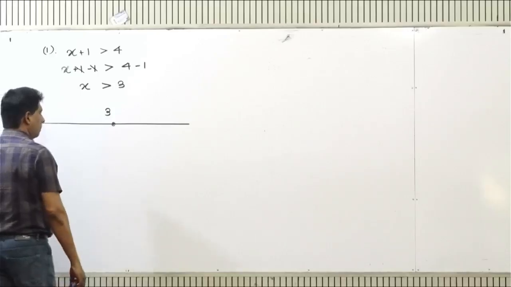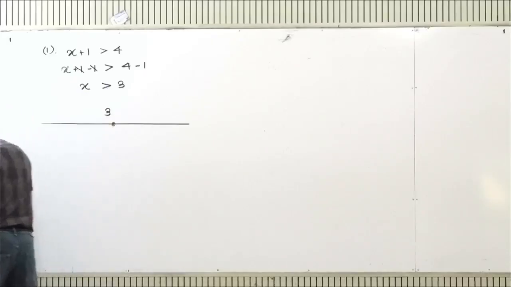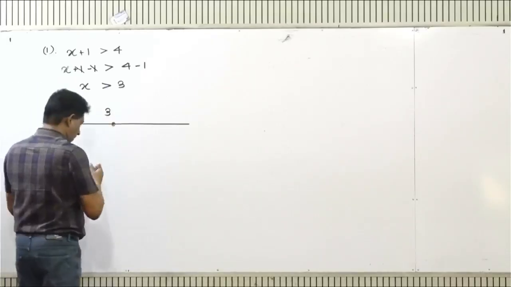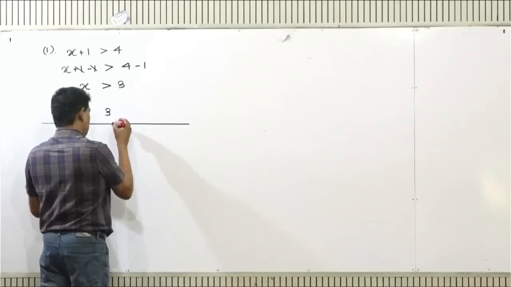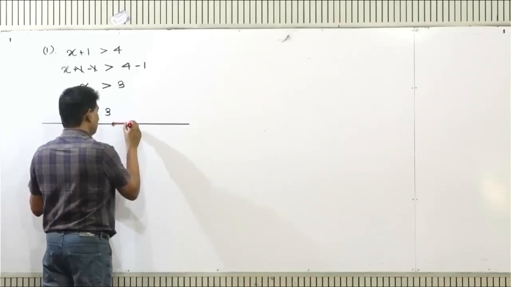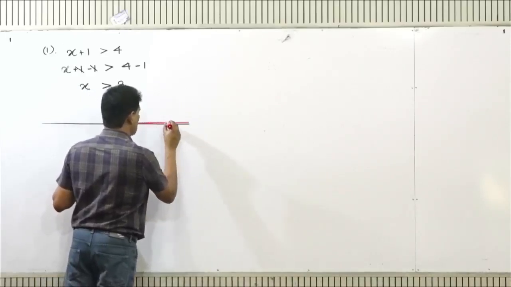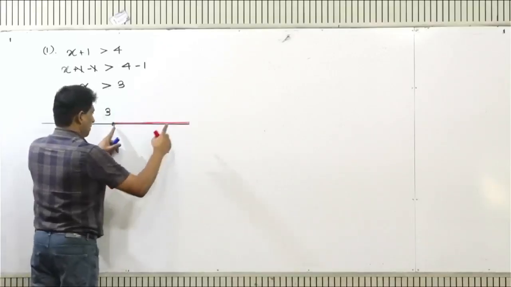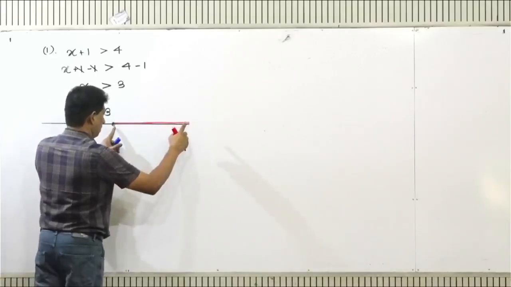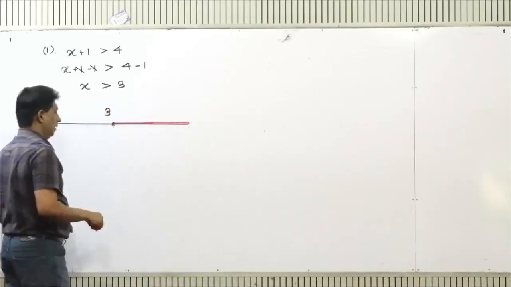Here x is greater than 3, so the values greater than 3 are on the right hand side of this circle. If we mark it, this is the solution area: from positive 3 to positive infinity.